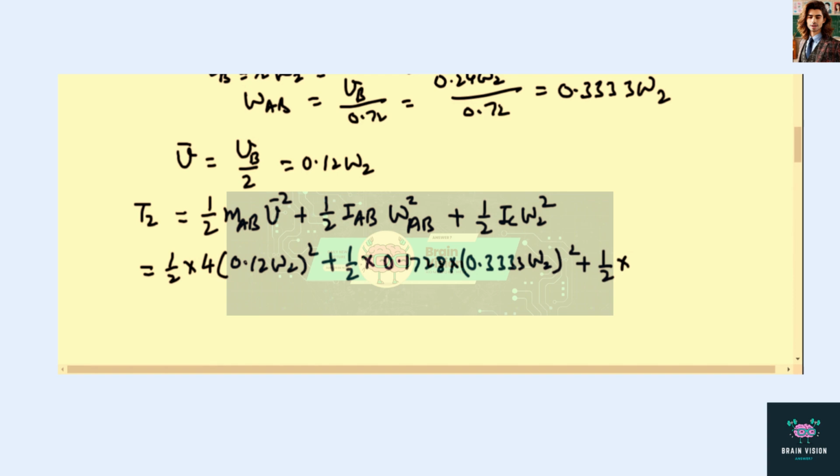Moment of inertia of the flywheel 0.5184 into omega 2 square. So total kinetic energy you will get 0.297 omega 2 square.